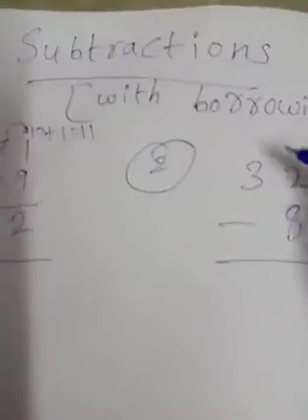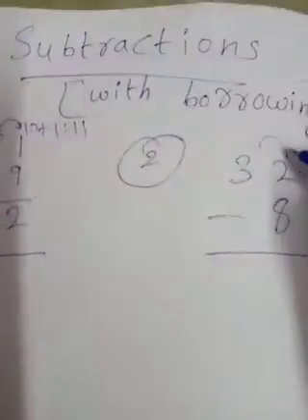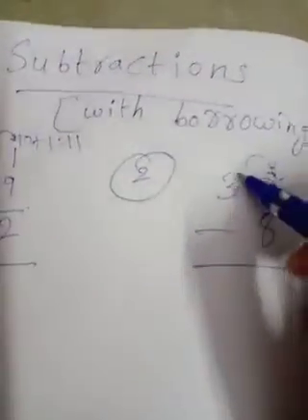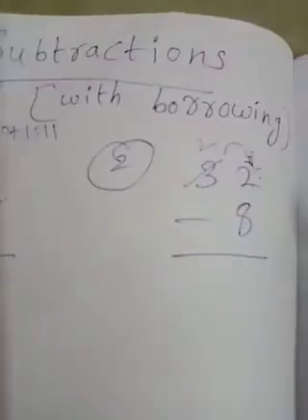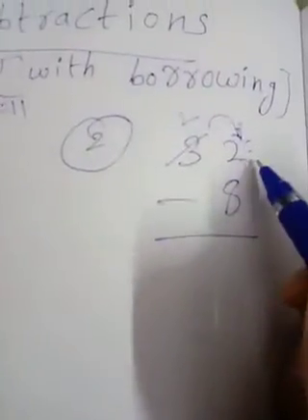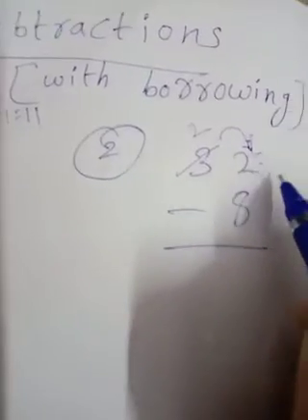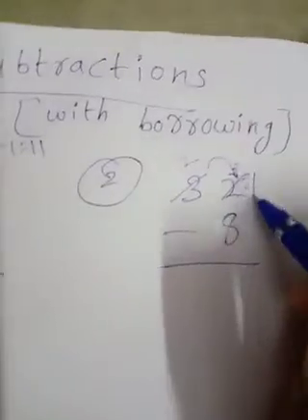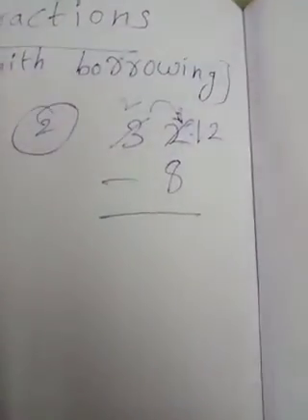No, so we take borrow. We take from the tens place number 3. One number is subtracted, borrowing goes. So 2 becomes 12.